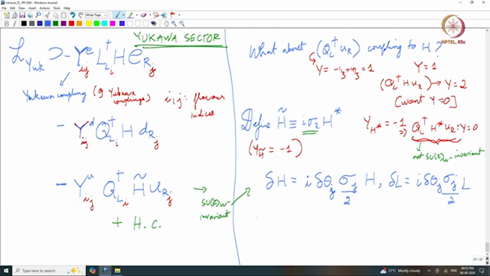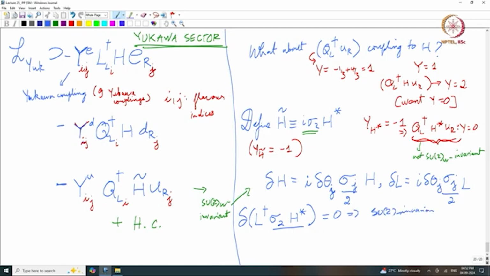Okay. Now my task comes down to asking how does this term transform under SU(2)? This is what is H tilde, right? This thing, of course, up to an i, right? So if this is 0, this would imply it's SU(2) invariant, right?